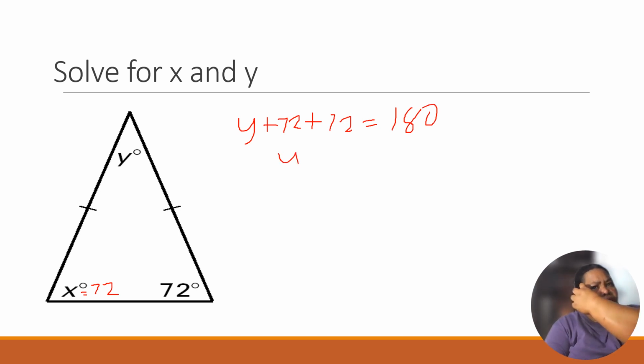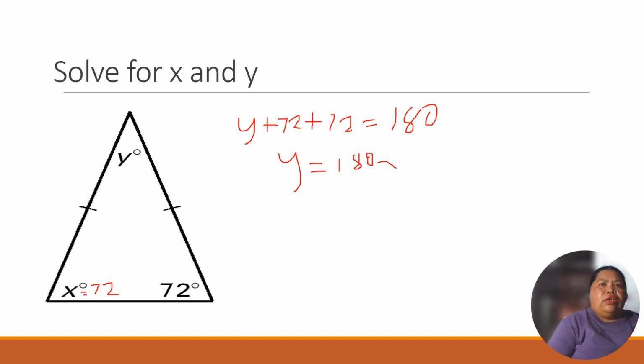So y equals 180 minus 2 times 72, which is 144. 2 plus 2 is 4, 7 plus 7 is 14. 180 minus 144: 10 minus 4 is 6, and 7 minus 4 is 3.